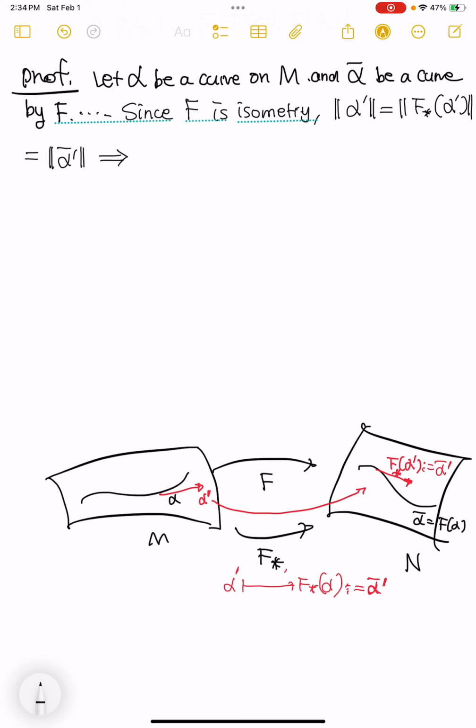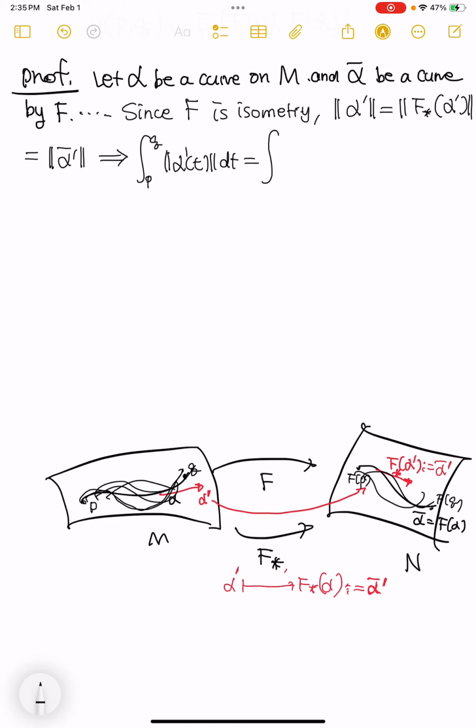And that means that if we take points P and Q, when we consider any arc length from P to Q, the length is the same as the corresponding arc length from F(P) to F(Q).